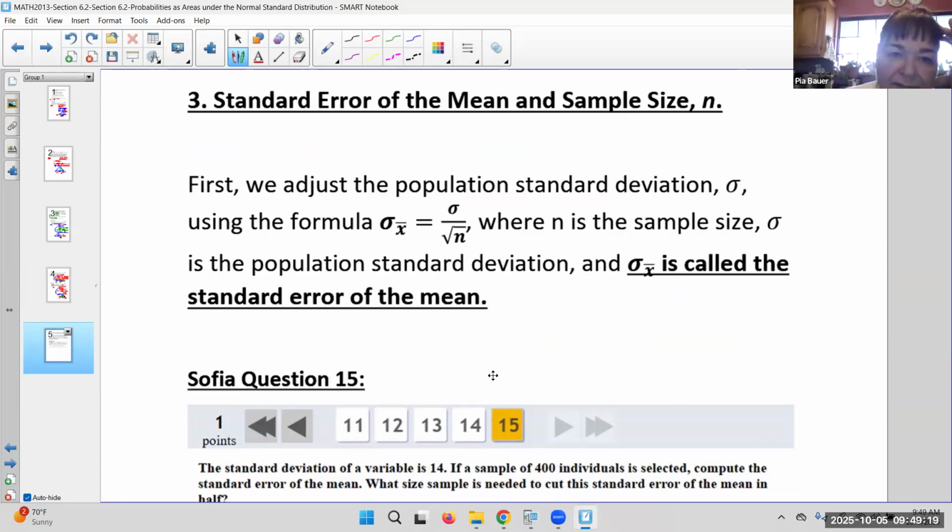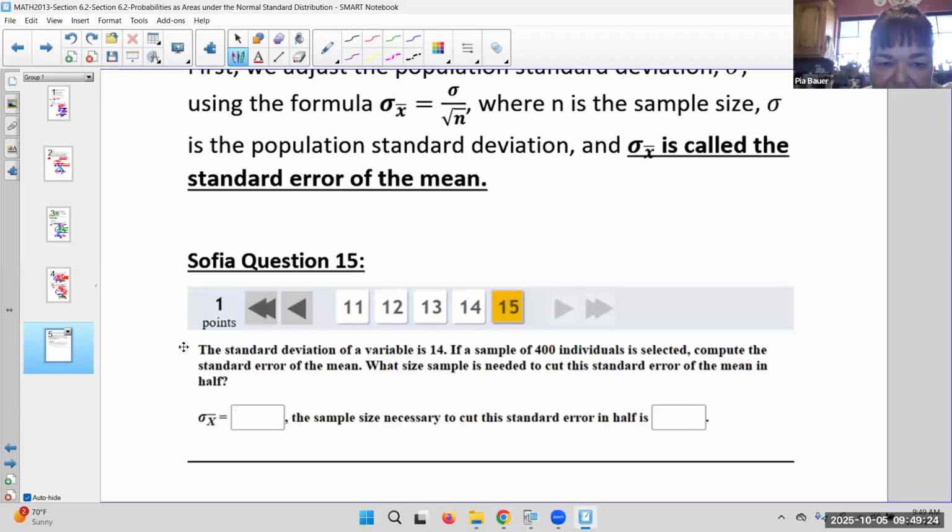It says the standard deviation of a variable is 14. The sample is 400 individuals. Compute the standard error of the mean. And then it says what sample size is needed to cut this standard error of the mean in half.